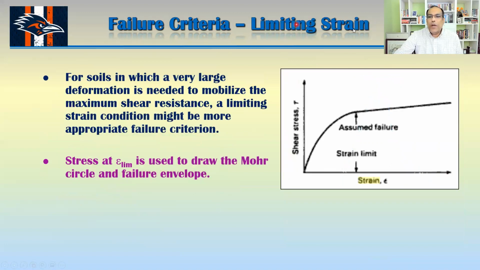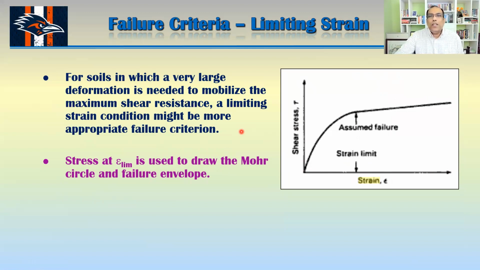Now limiting strain. This is your stress strain diagram, and you see the soil is going to a very high strain but still not failing. Okay, but in many cases failure not only means that it failed, but also that it is highly deformed, right?